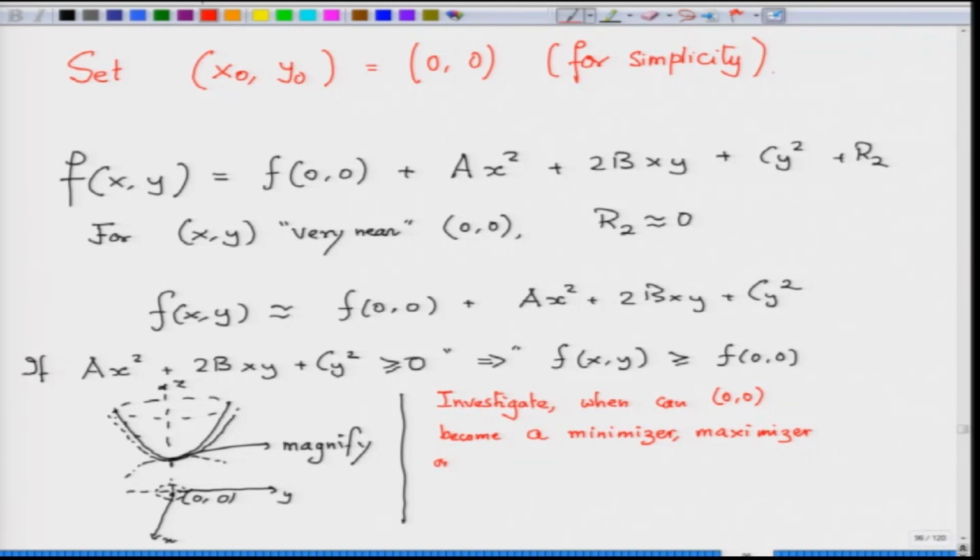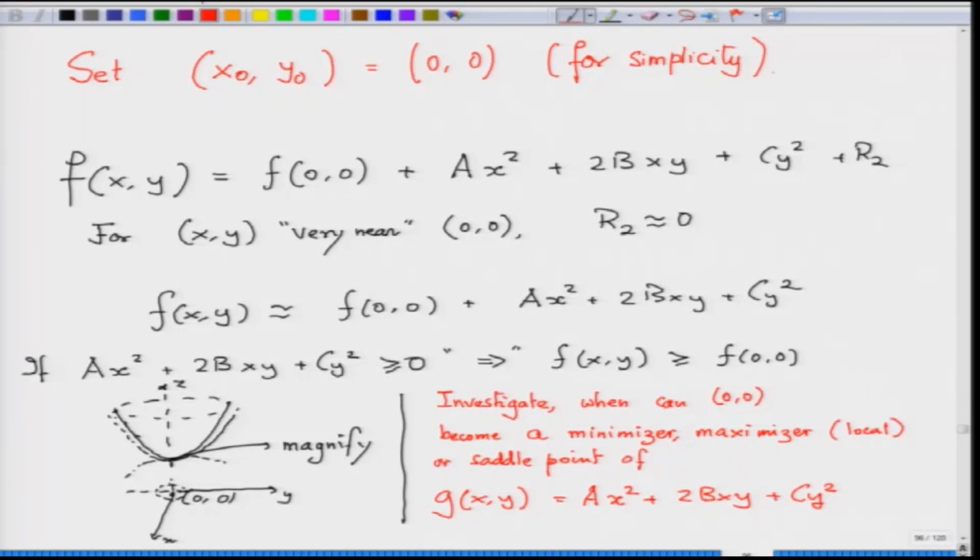I am talking about local, of course, in this local sense. Global is also local, but local is not global. So, local or saddle point of this function g(x,y) is equal to ax square plus 2bxy plus cy square.